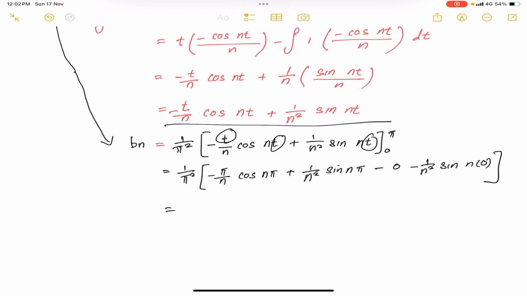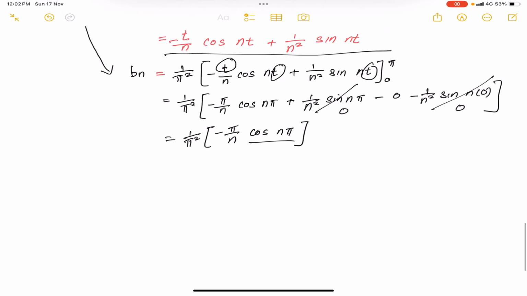So sine n pi, we know that this one will contribute 0, this one also 0, so you are left with 1 over pi square times negative pi over n cos n pi, the rest is 0. So again, you can test for the cos n pi.